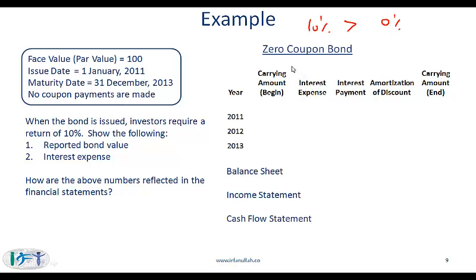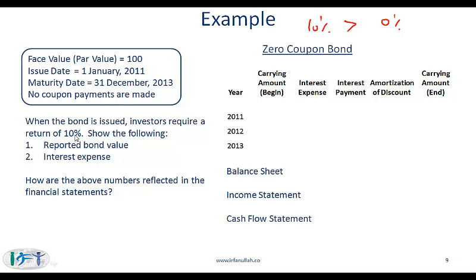It's 0%. So you can simply treat this like a discount bond. So what would the carrying amount be? Given that we have a par value of 100, when will the investor receive this 100? The investor will receive the 100 at the end of 3 years.